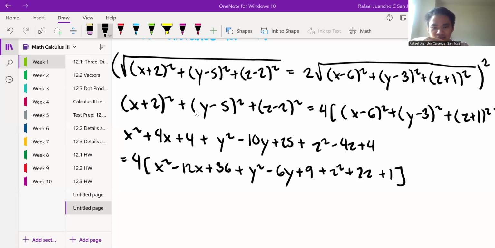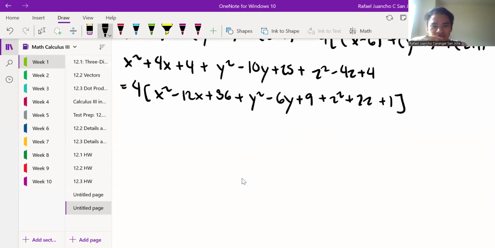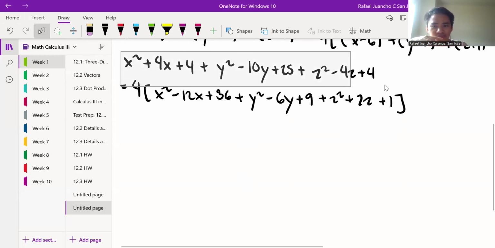Okay. And then we just multiply the 4 to that side. So we copy this thing here. Right?